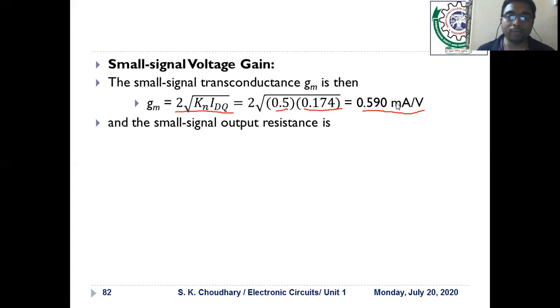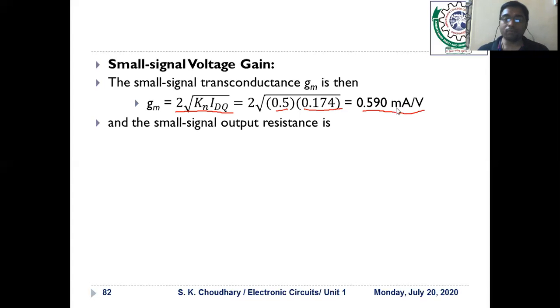So what is the voltage gain? Before going to the voltage gain, we first have to find out the output resistance, because it is also involved in the formula. We do not know the finite value of the finite output resistance, so first of all we have to calculate this.